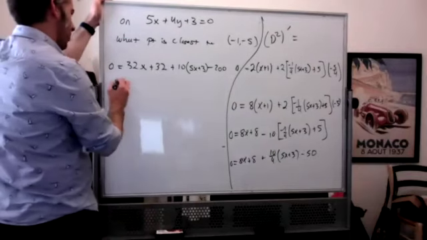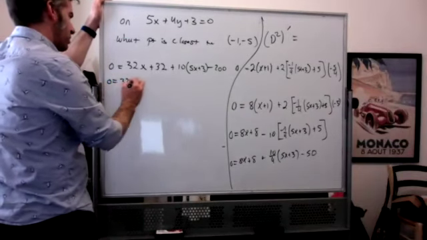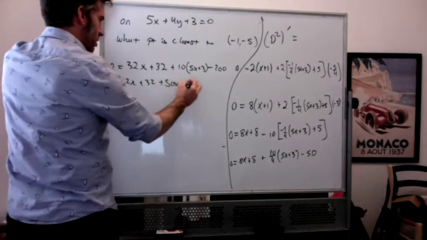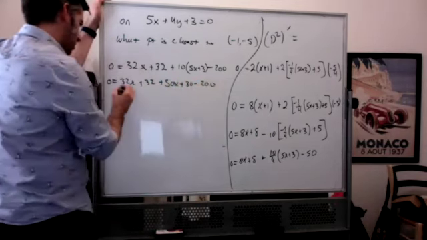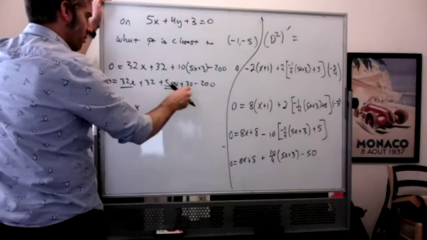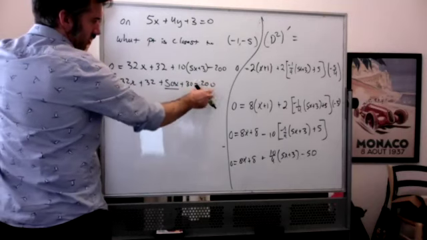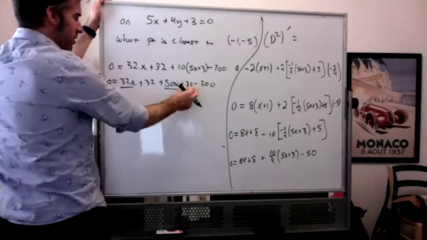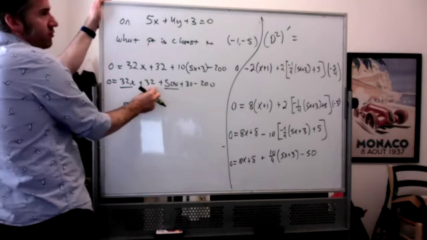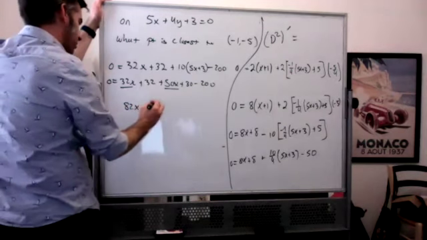So then let's figure out what we've got. We've got 0 equal to 32x plus 32 plus 50x plus 30 minus 200. So 82x. Negative 200 plus 30 is negative 170 plus 32 is negative 138.